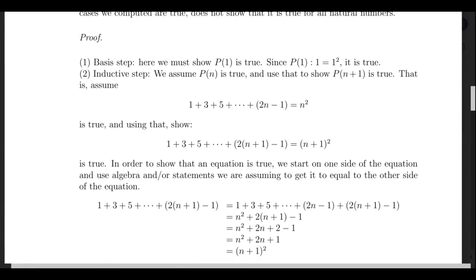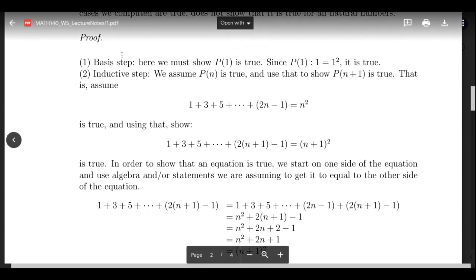So the proof basically involves 3 things. First is to prove the basis case, which is P of 1. So 1 odd natural number equals 1 squared. So 1 equals 1 squared, which is true. So we finish with the base case.